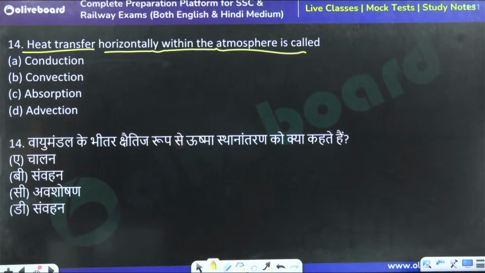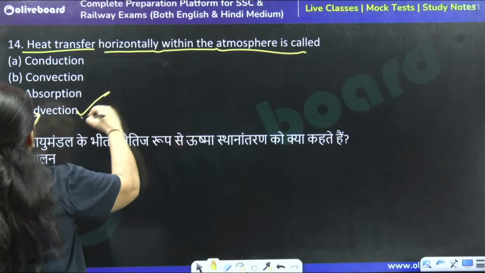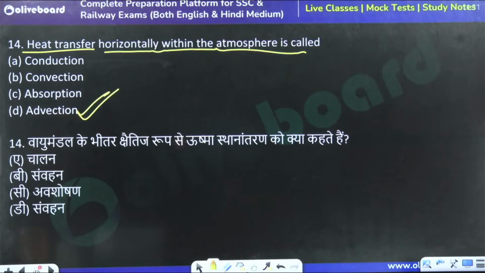Anyone? Heat transfer horizontally in the atmosphere. Advection, correct. The correct answer is advection. So horizontal transfer of heat is termed advection.